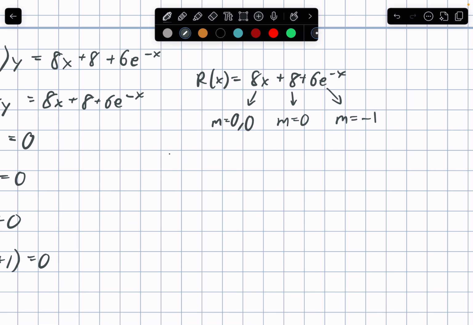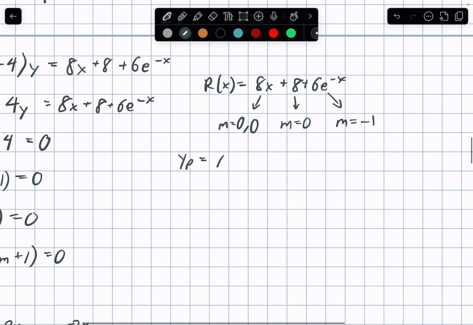Let's now create the y sub p. So we have ax plus b plus c e raised to negative x.